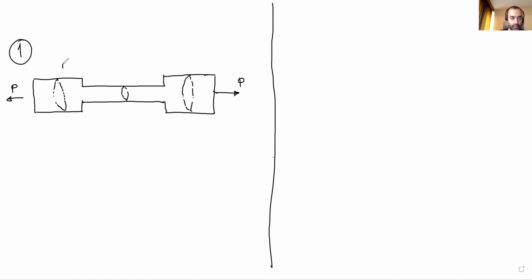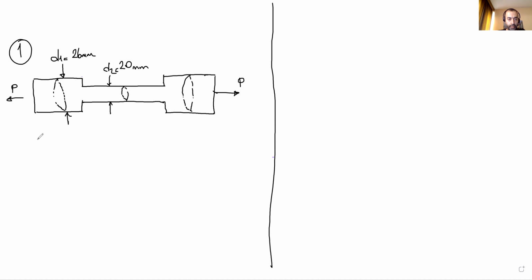The diameter at this portion is D1, D1 equals 26 millimeter. Here, D2, second. Here, D2 is 20 millimeter.